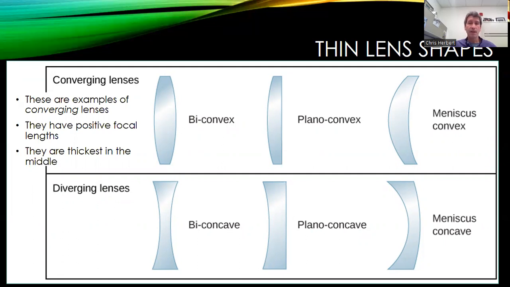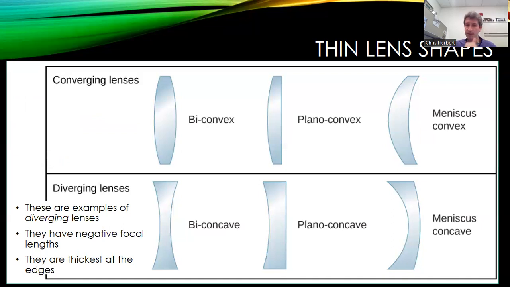The plano-convex has a planar side on one side, so there the radius of curvature is infinite. The other side has a positive side. And then meniscus has both a positive and a negative side to it, so convex and concave. However, the convex has a smaller radius of curvature than the concave side.